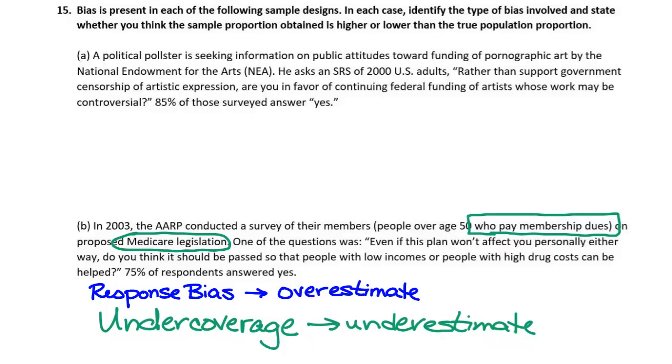Yes? Sometimes there's more than one type of bias that you could identify. I would say if this was worded slightly differently, it might have narrowed the field down. If one of the questions was, do you support legislation that would help low-income people with their drug costs or would help people with high medication costs?